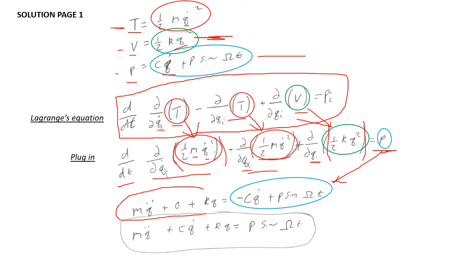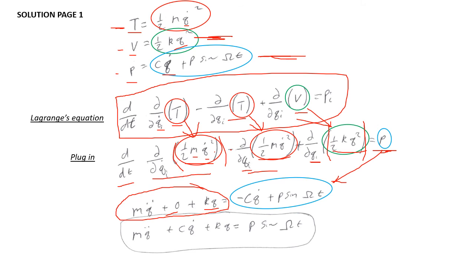The left-hand side becomes m q double dot, plus 0 for the middle term, plus k q, equal to the right-hand side from P, which is negative c q dot plus P times the sine of omega t.